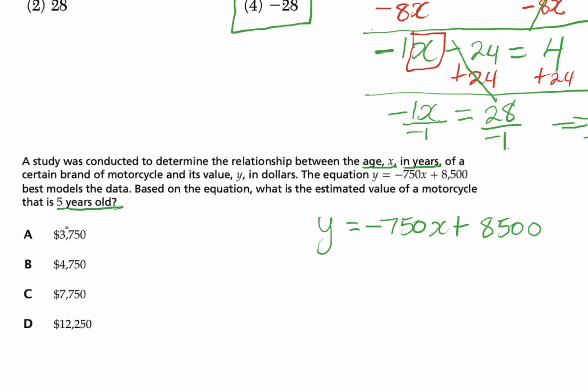So now you have to ask yourself, where are you going to put that 5? Is it the x or the y? Now, 5 years old means that it's the age. And where do we see years? That's with the variable x. So wherever I see x, I'm going to replace it by the number 5, plus 8,500.